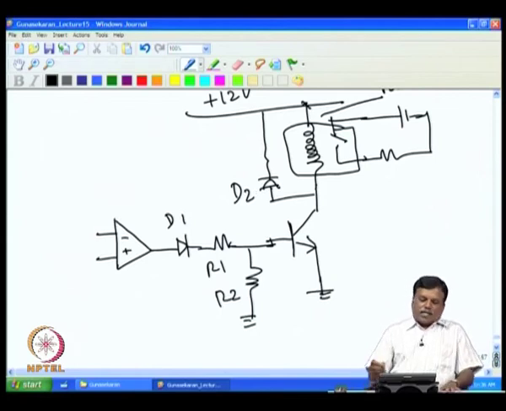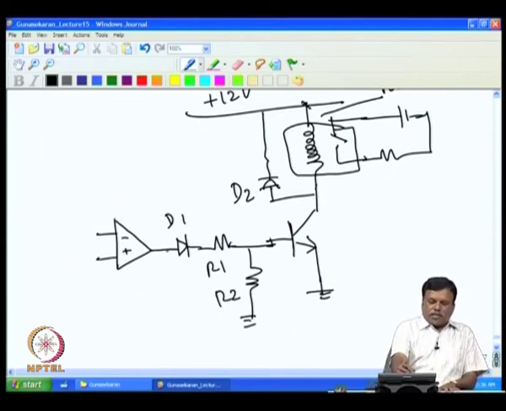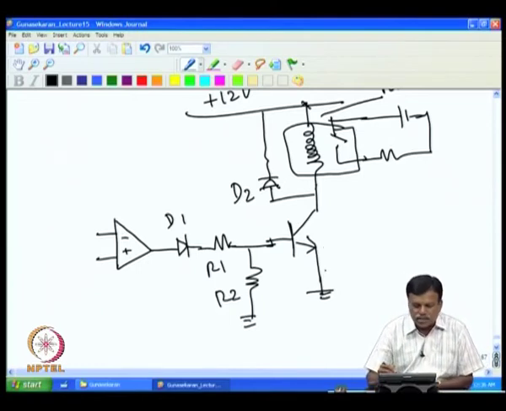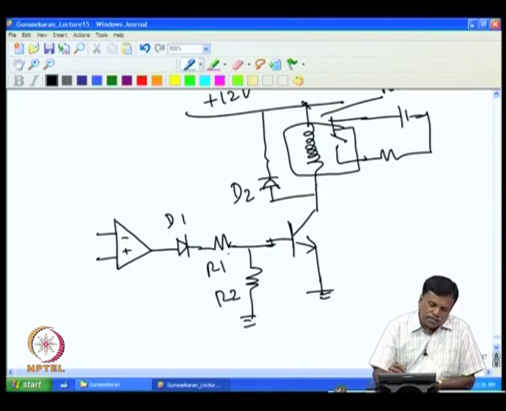D1, when the minus comes, does not allow the voltage to go to the base. When plus 15 comes, it allows the voltage to go on, and that will switch this on. Now, we have to select the values for R1 and R2, and we should also explore why we need D2.